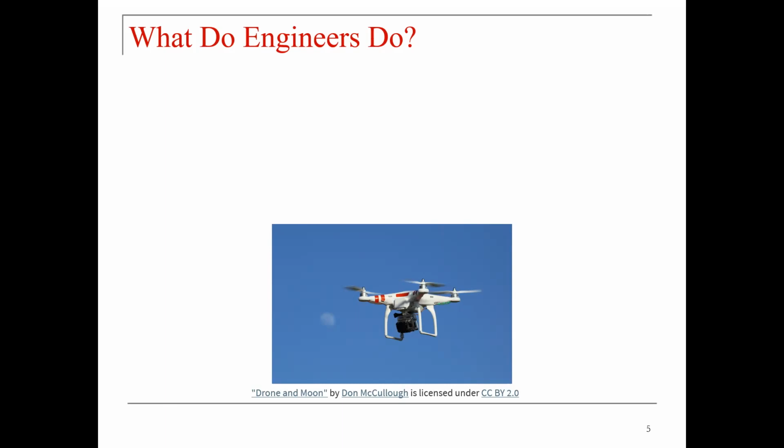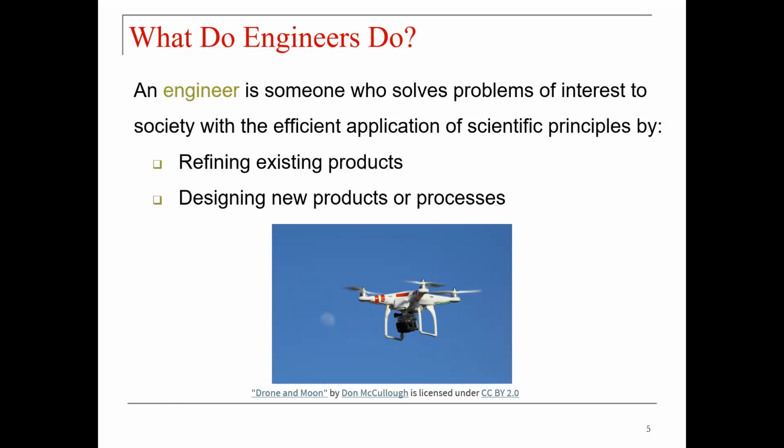But the right answer for the question is: an engineer is someone who solves problems. And these problems are of interest to society, with the efficient application of the scientific principles by refining existing products or designing new products or processes. So again, that is what we do as engineers to solve problems.